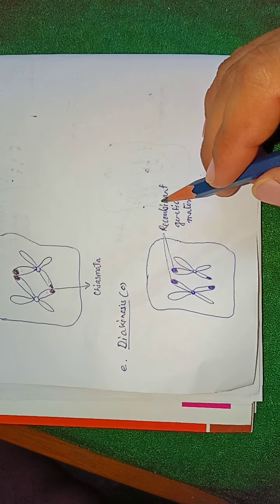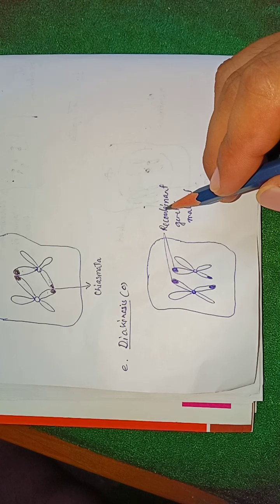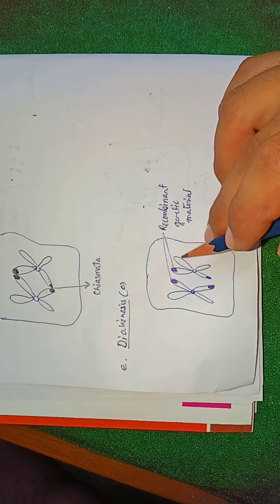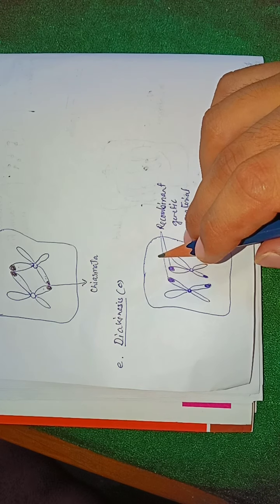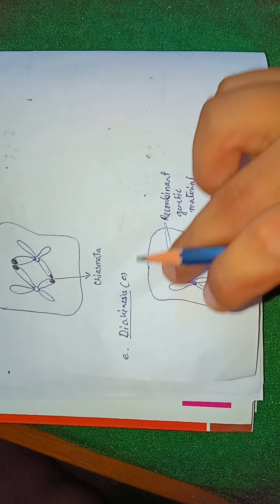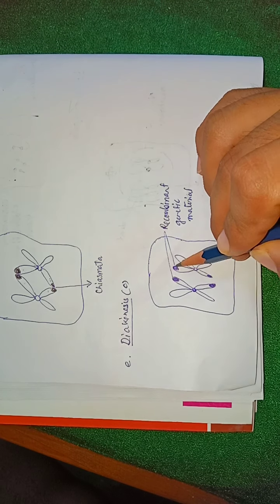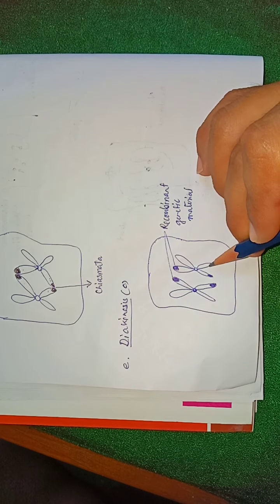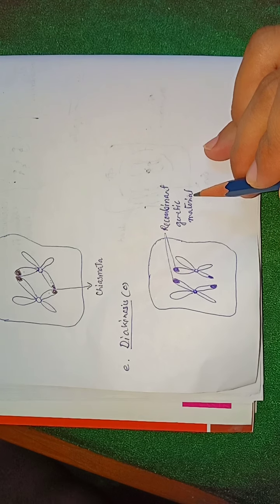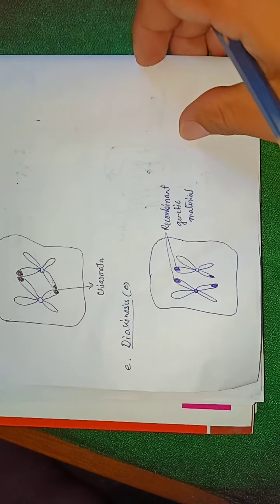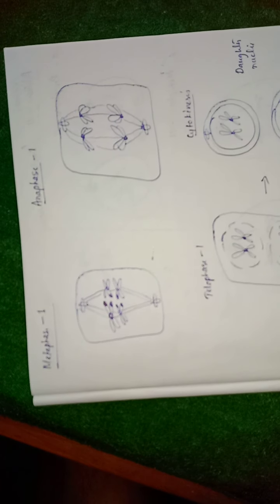During this phase, the chromosomes are fully condensed and the meiotic spindles begin to assemble so as to prepare the homologous chromosomes for separation. So spindle fibers begin to reappear in this diakinesis, and this shaded portion indicates the recombinant genetic material because of the crossing over between the two non-sister chromatids. Now with this, prophase 1 completes.